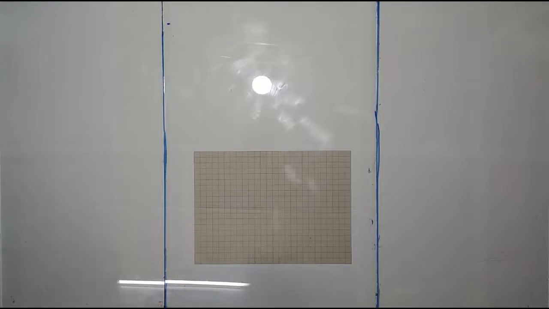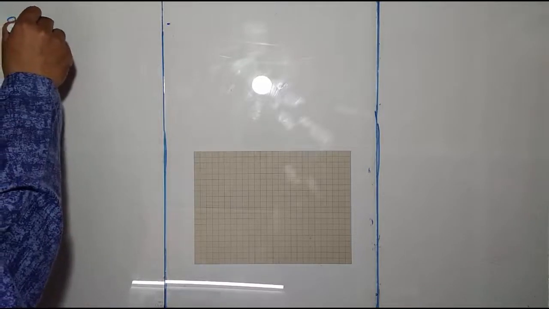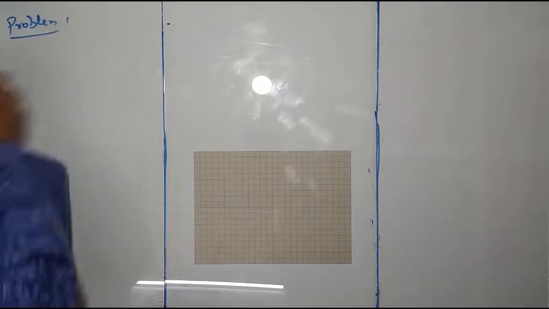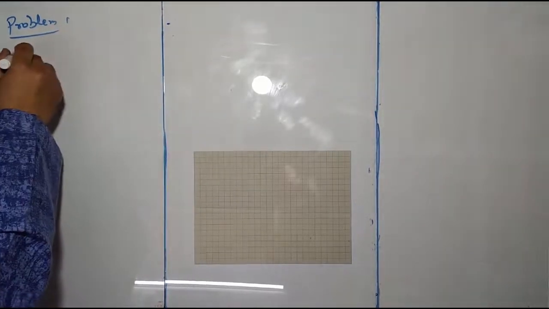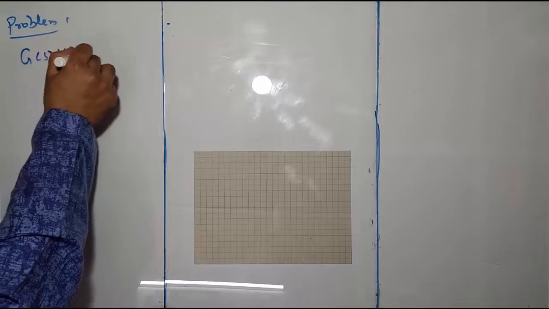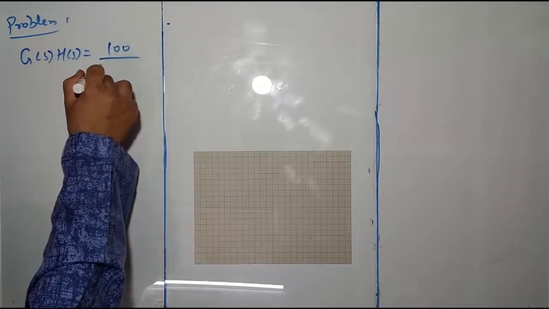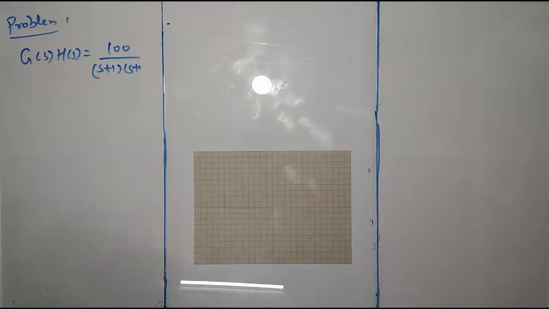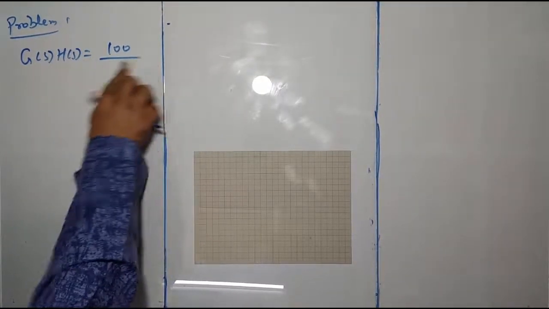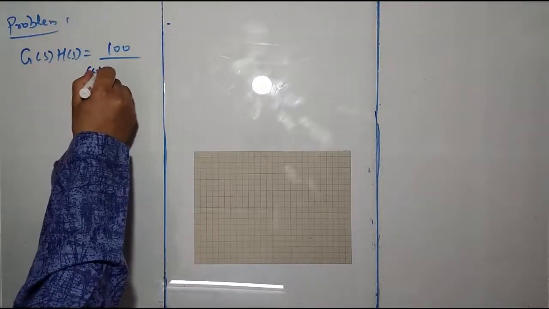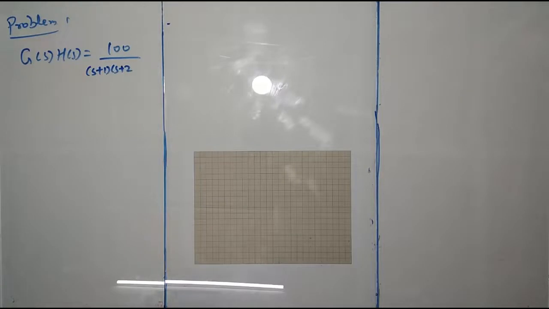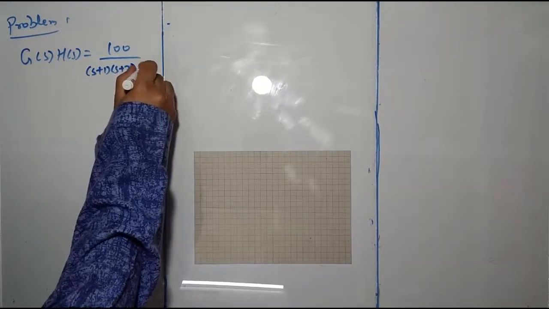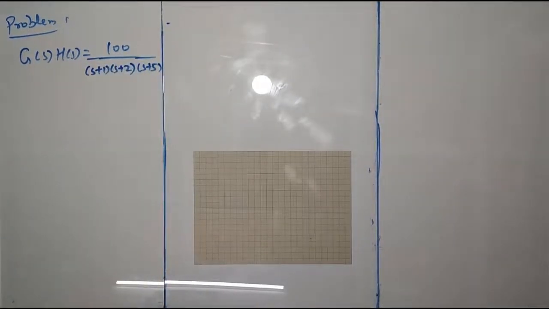So let us do our first problem on the Nyquist plot. Let's say we're given the function G(s)H(s) as 100 over (s+1)(s+2)(s+5), and we're required to draw the Nyquist plot of this function.